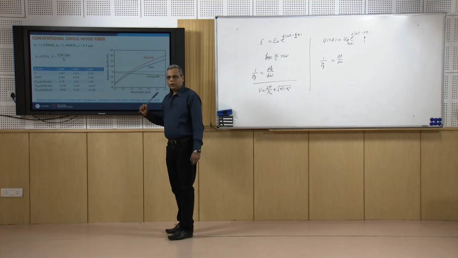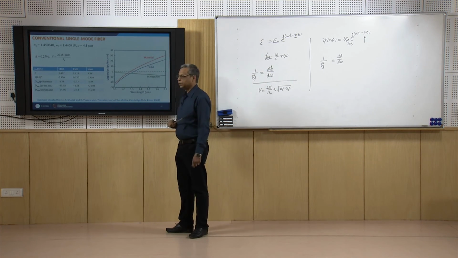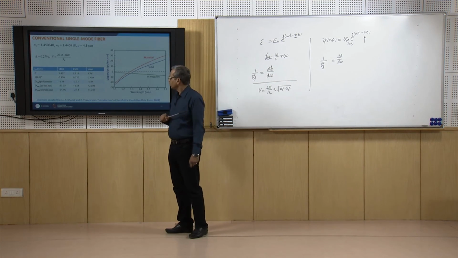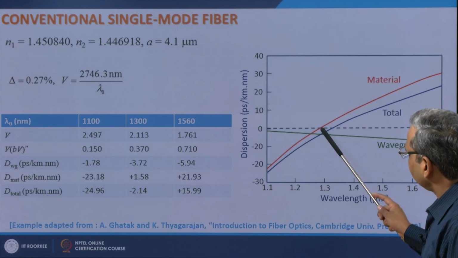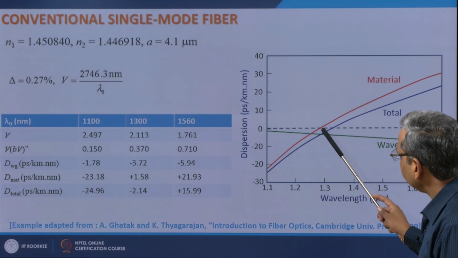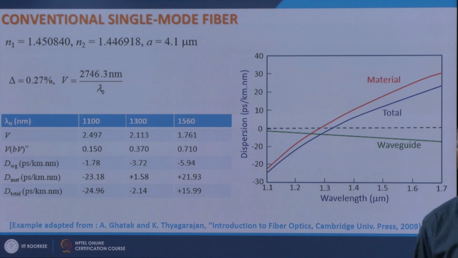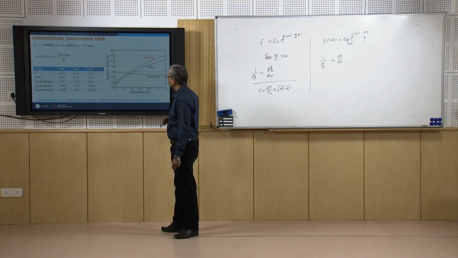What is the meaning of negative dispersion and positive dispersion? We have seen in material dispersion also that for the wavelengths less than 1.27 micrometer, the material dispersion is negative.